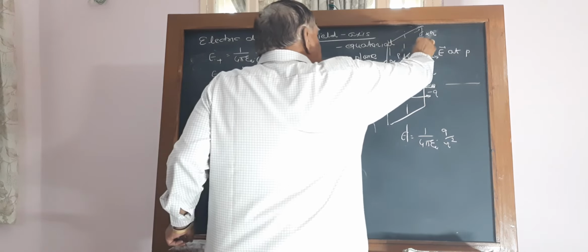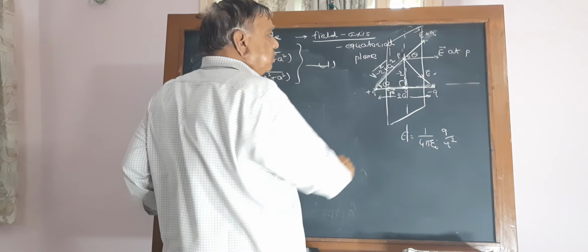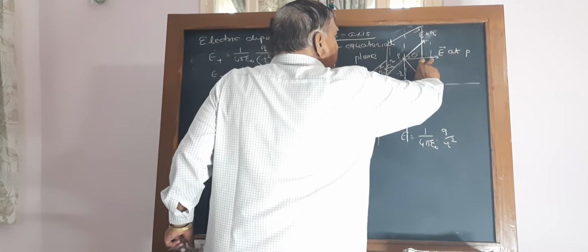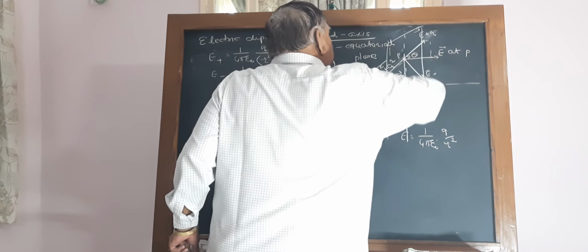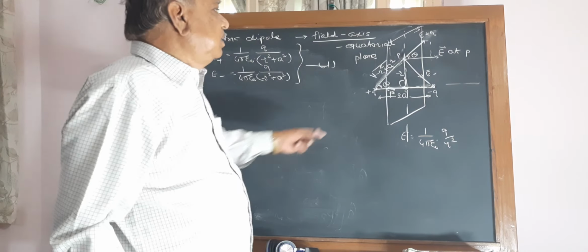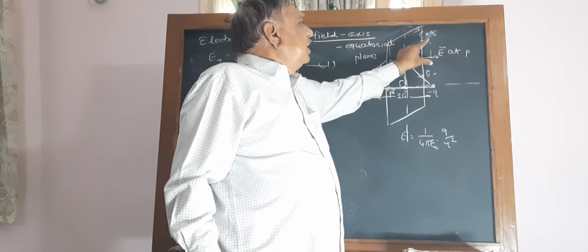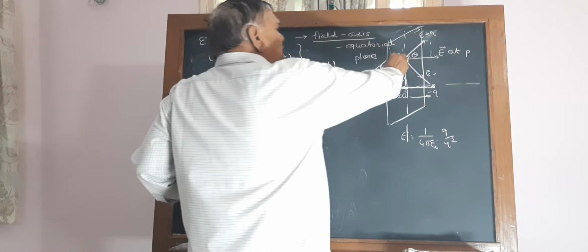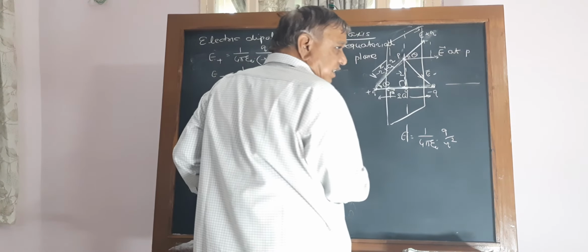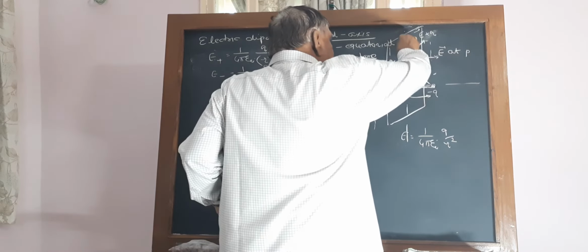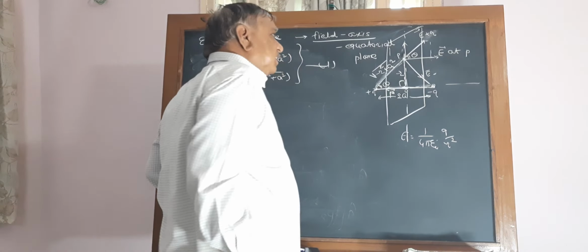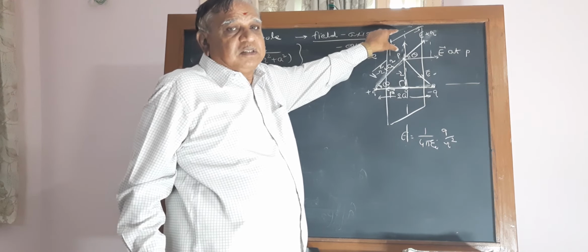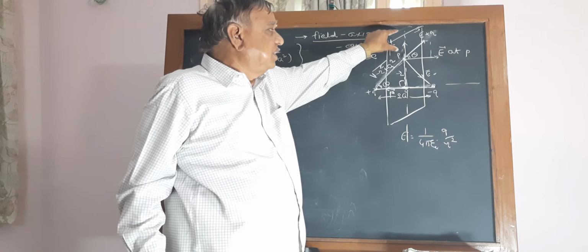If we resolve this vector into components, this will be E plus cos theta and E plus sin theta. Two components, one along the axis, other normal to the axis, for the field due to the positive charge.